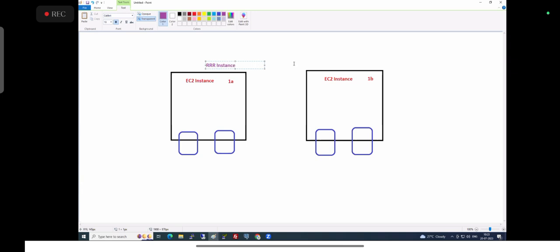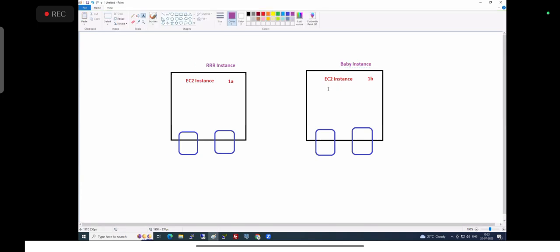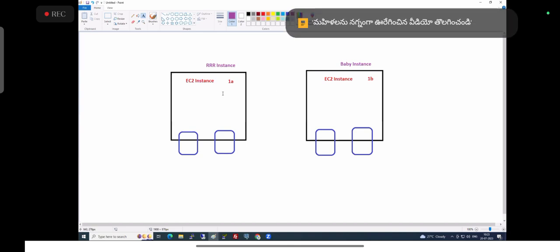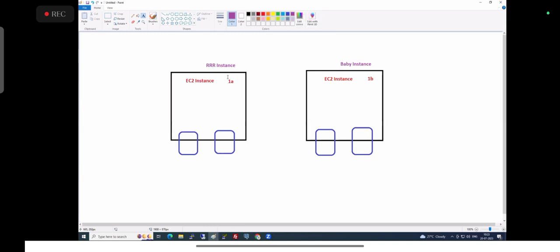This is the triple R instance, and the other is the baby instance. Who is the hero? Okay, that guy, the most affected person. So let's say we have the triple R instance and then the baby instance. Looking very awkward.